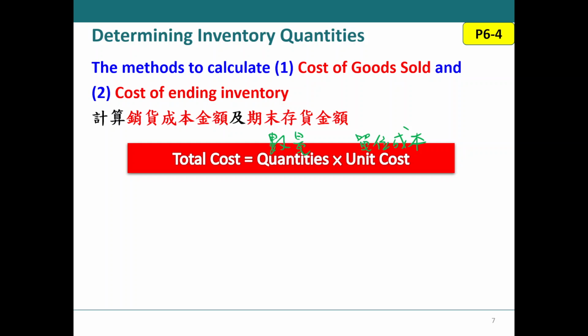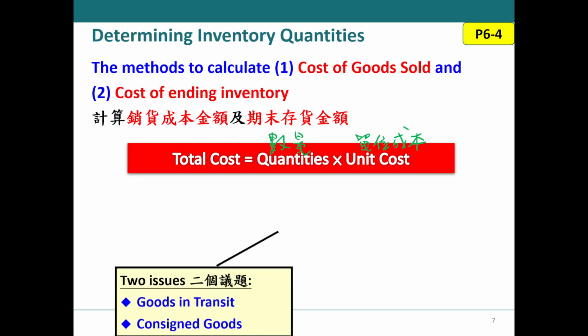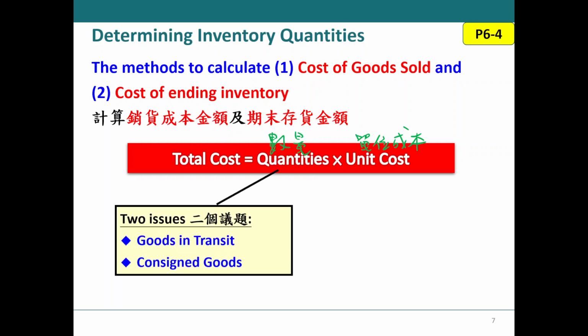So for quantities, what's the problem we have? The problem is whether it is your inventory or not. Is it yours or is it not yours? Like, hey, calculator right here. Is it yours or is it mine? So our problem is we have to figure out, even though you find the inventory over there, whether it is yours or mine.